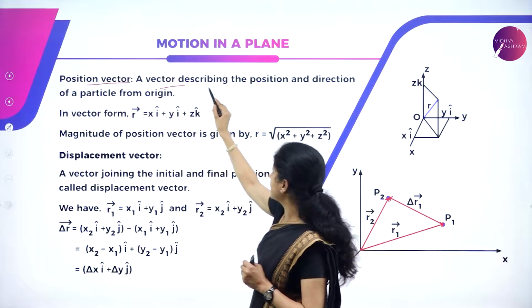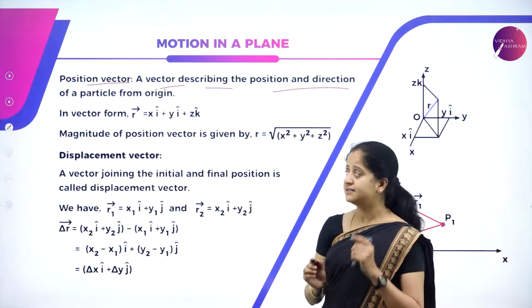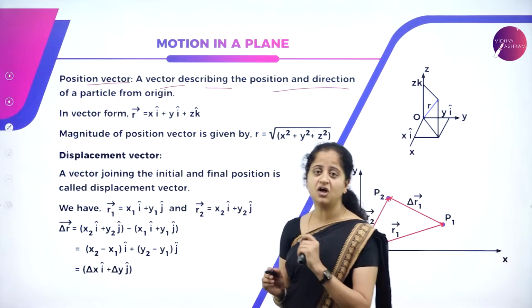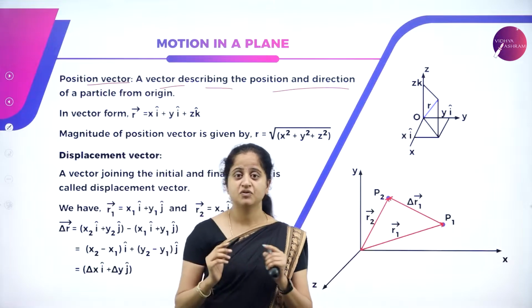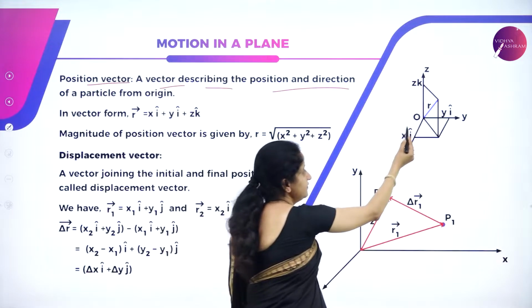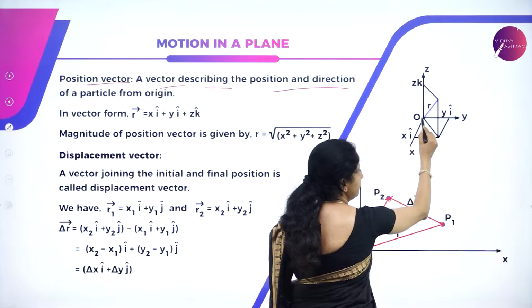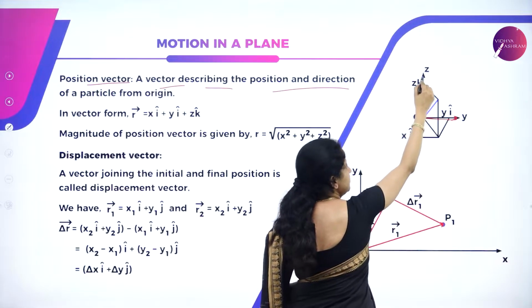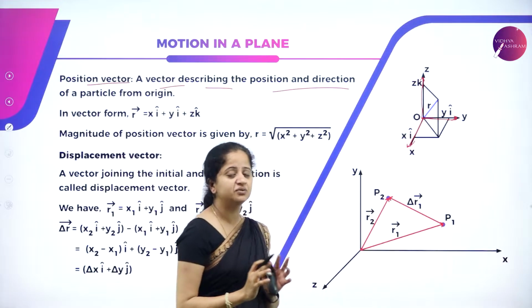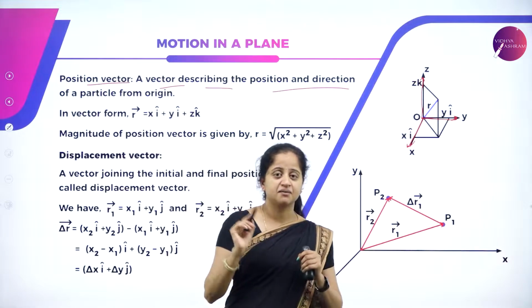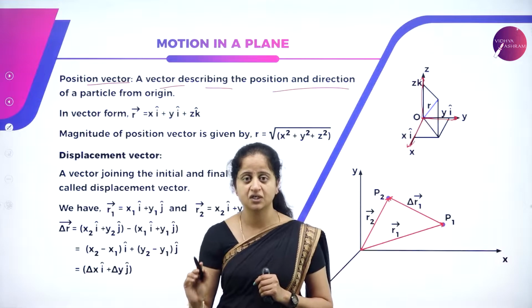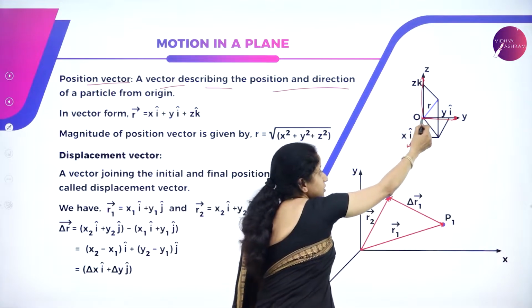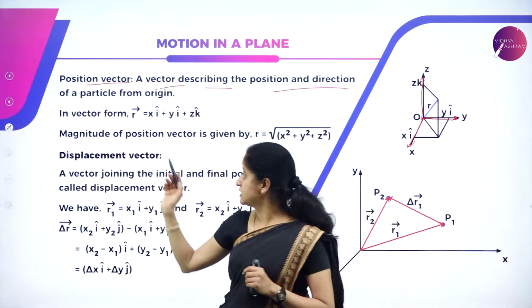A vector describing the position and direction of a particle from the origin is called as position vector. So see here, if this is the origin, this is a vector which represents the position and the direction of motion, because we know vector has both magnitude and direction. Any vector that represents the position and direction of a particle from the origin, we will call it as position vector.